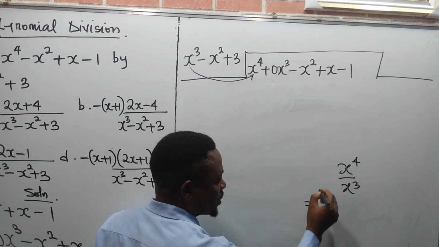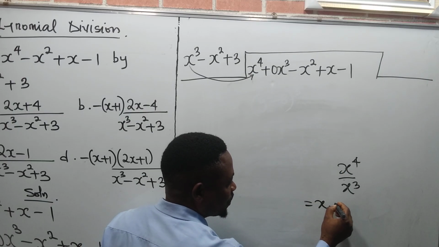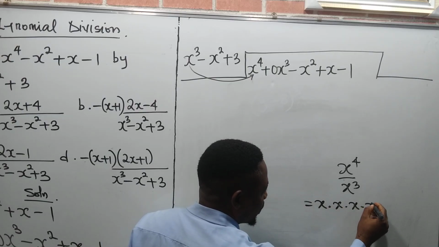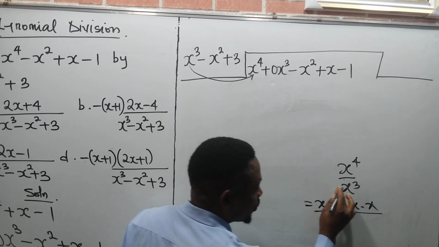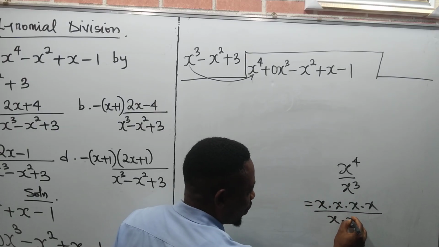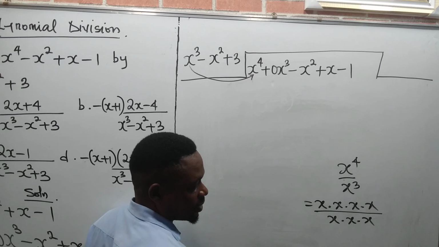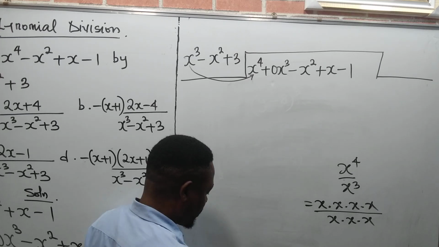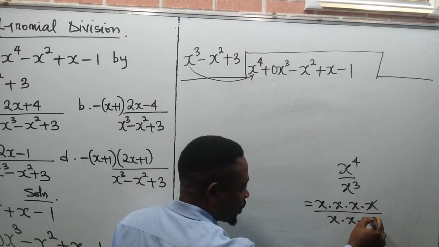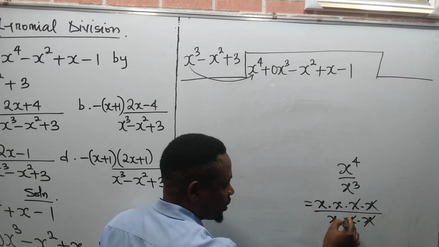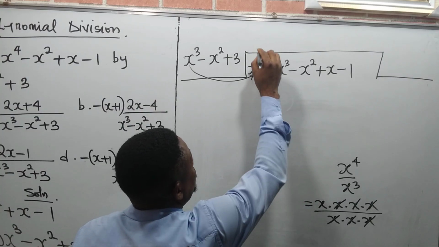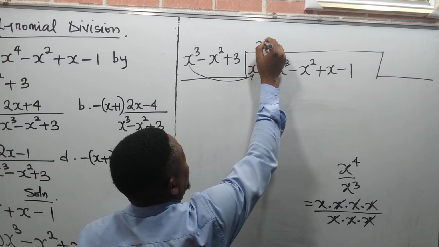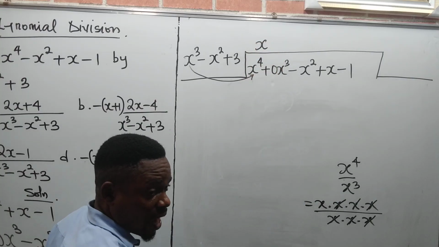But this is the same thing as x dot x dot x dot x, 4 places, divided by the denominator, x dot x dot x. Are you with me? Now something is about to happen here. Watch. This one will terminate this, this one will terminate this, and this one is terminated. So what is remaining is x. Which means the quotient, which is the result, is x. Are you with me now?